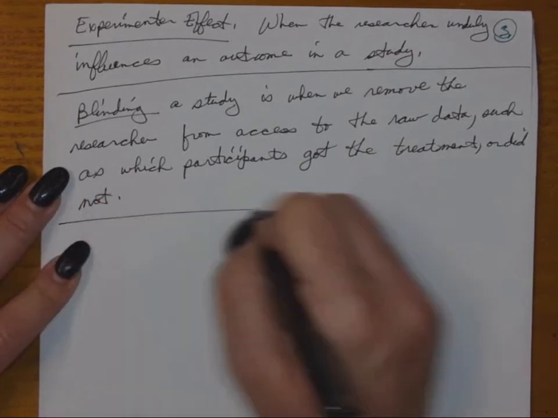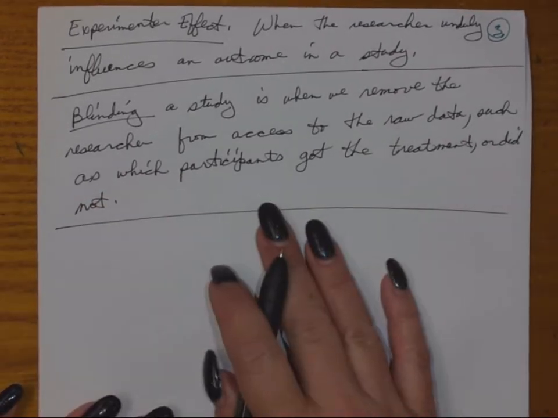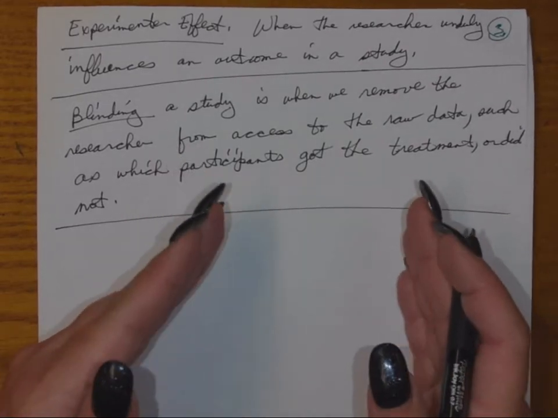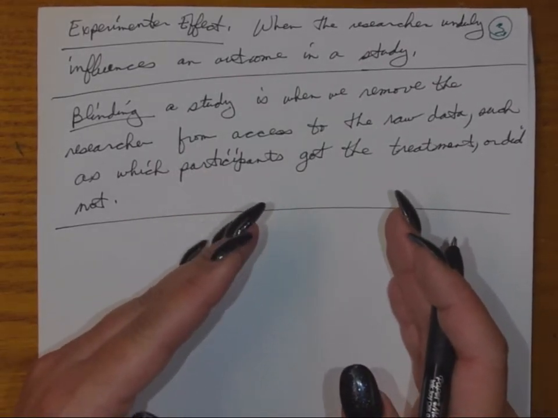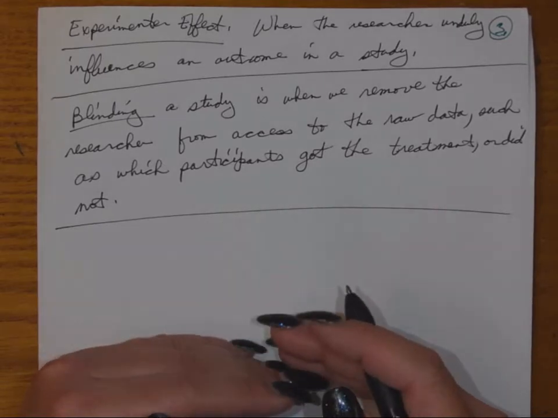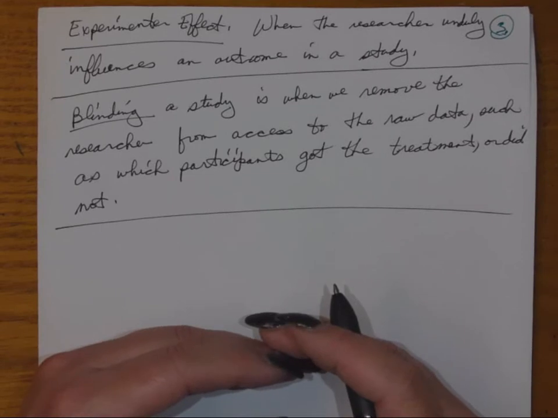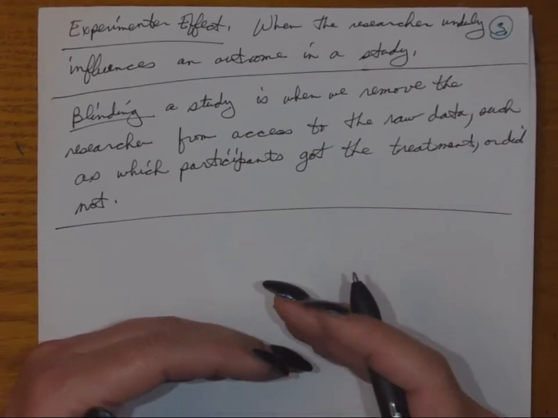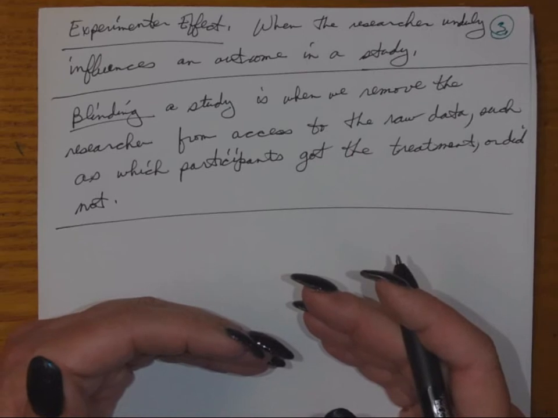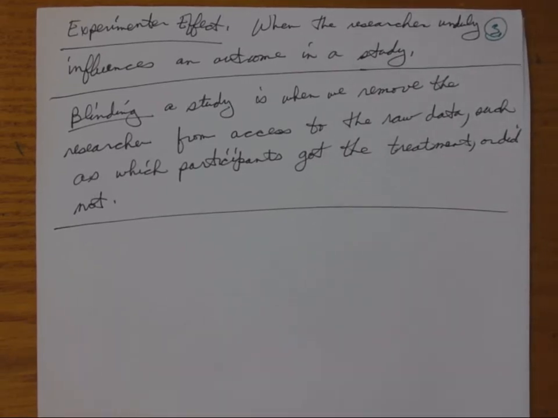Okay, so what does that mean if I go in to interview a bunch of kids and I'm looking at this one kid and I don't know if they took the placebo or if they took the treatment? Well, chances are that I won't subconsciously or intentionally give body language that says, oh, you feel better, or you don't feel better, because I don't know whether they should or should not feel better, okay?